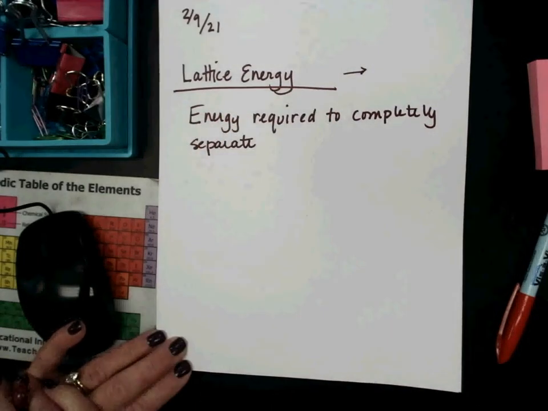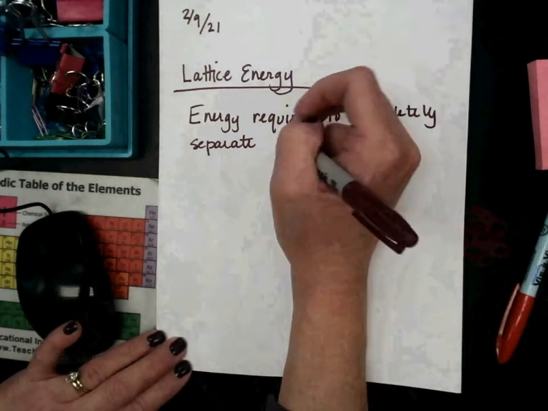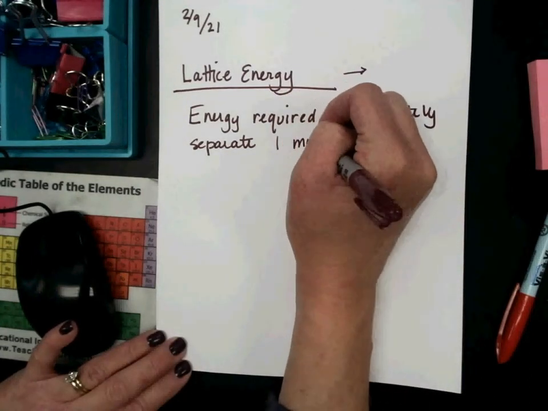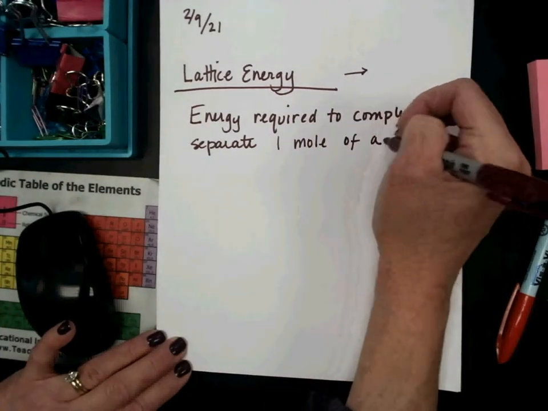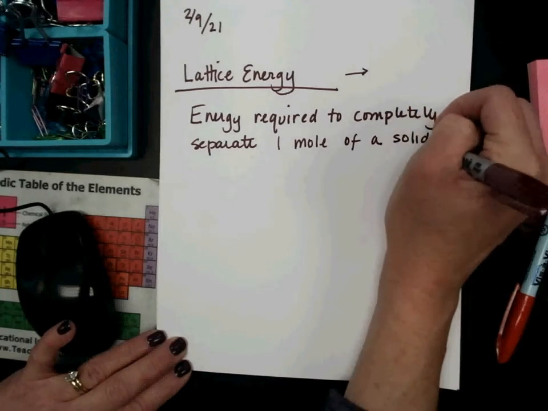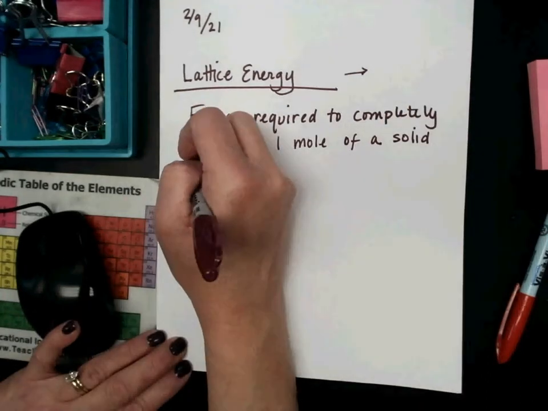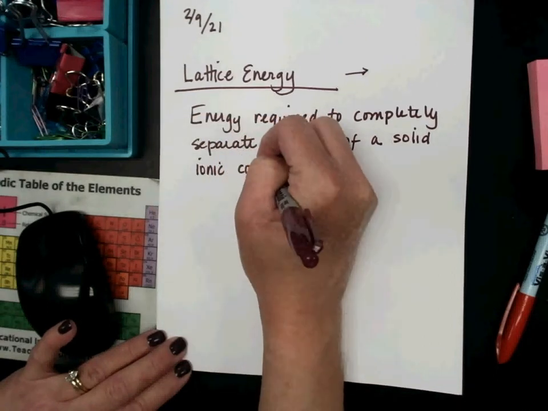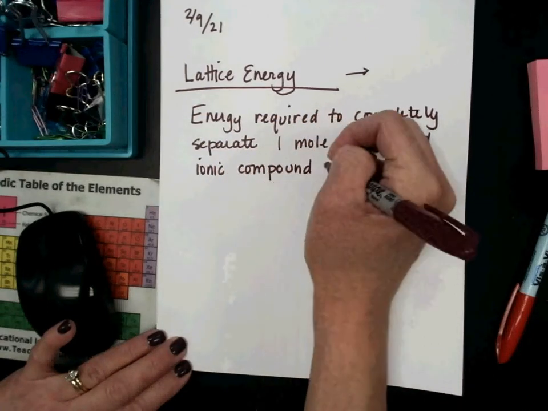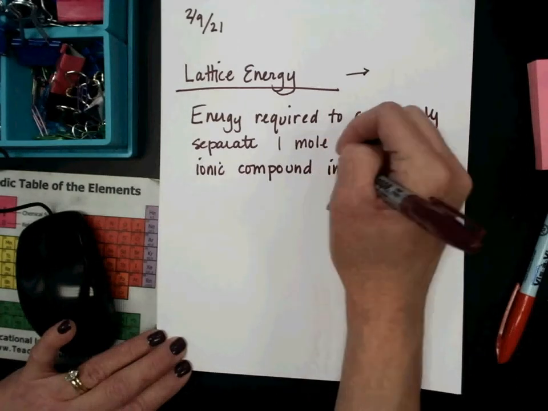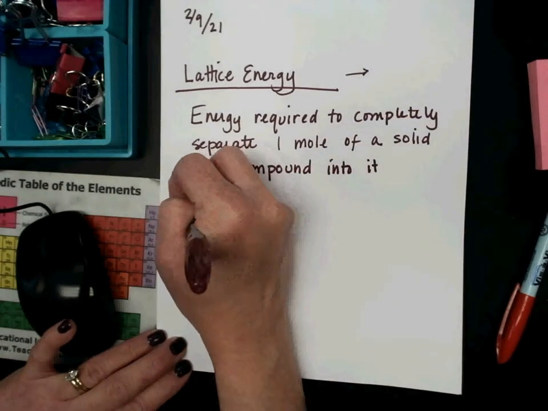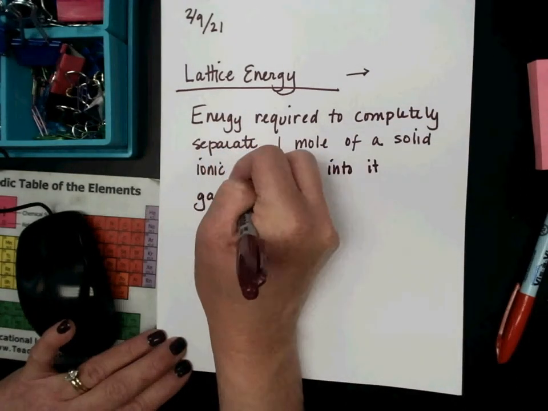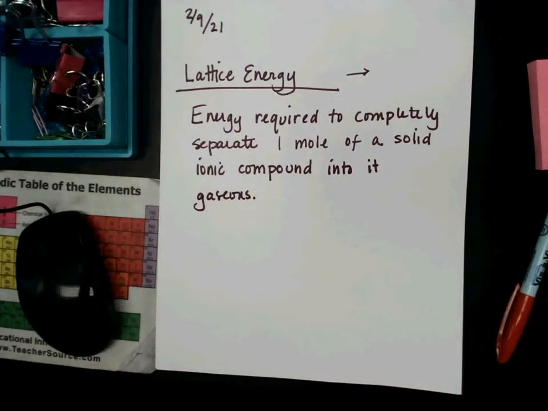So when I say separate, that means we're actually breaking the bonds. 1 mole of a solid, which is the way that we normally find them, solid ionic compound, into its gaseous state. So we're talking about the compound is already together.